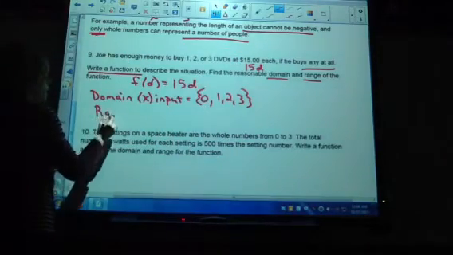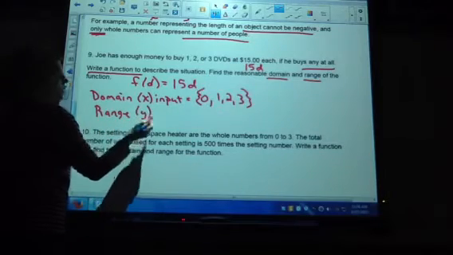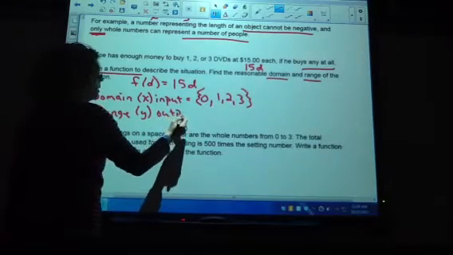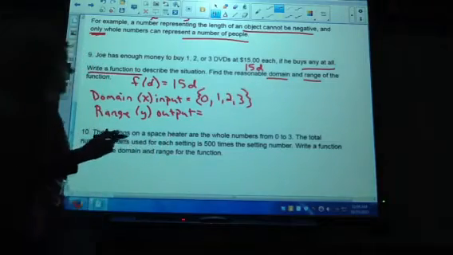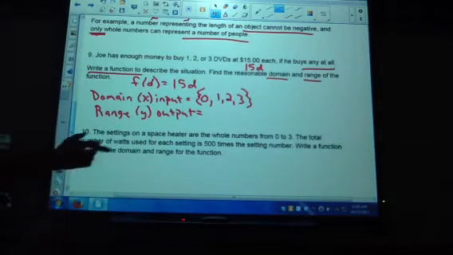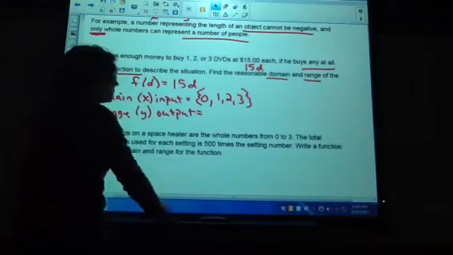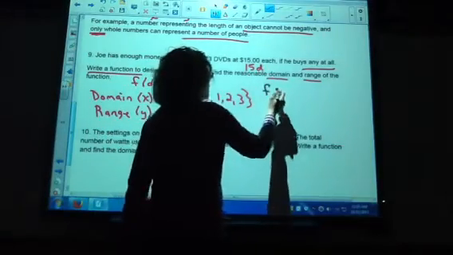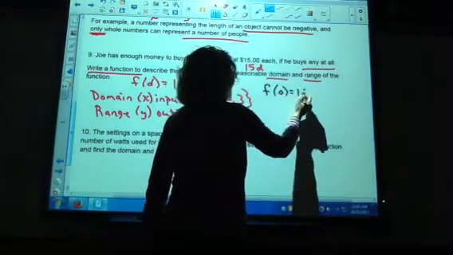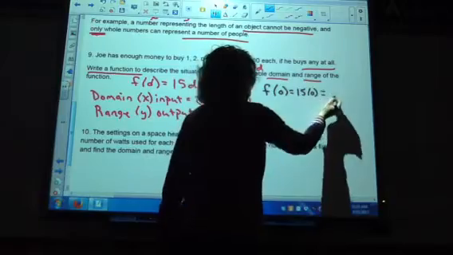For our range, remember, that's our y, which is our output. We have to solve the equation, okay? So, right here, if d is 0, 15 times 0 is 0.